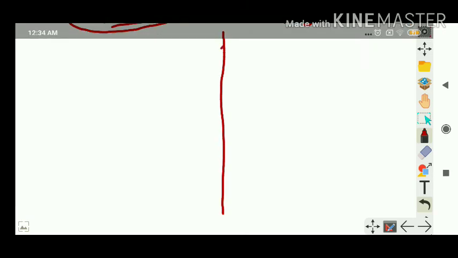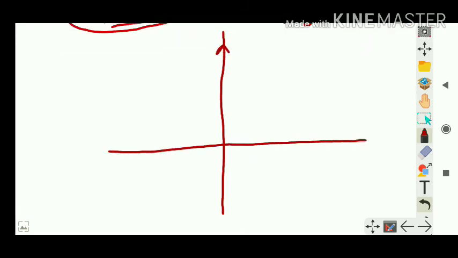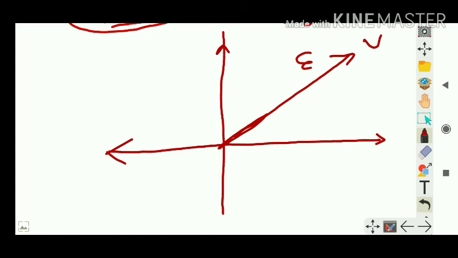So this is my axis for our phasor diagram. Now I took an angle. Let's say this one is for EMF. In your textbook it is V, it's okay, E, and it is at an angle omega t1.